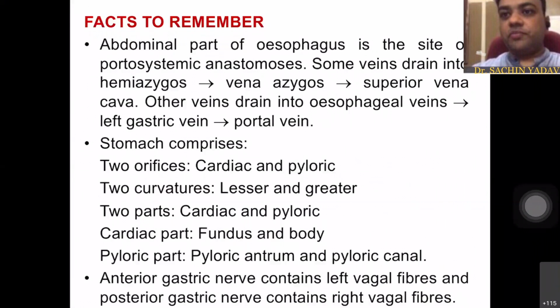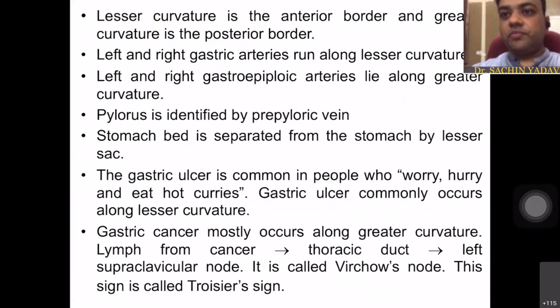It is not in the syllabus here, but I will just describe it. There is another condition known as CA stomach. CA means carcinoma stomach, the epithelial cell carcinoma of the stomach. It is difficult to detect in the early stages because it is asymptomatic.